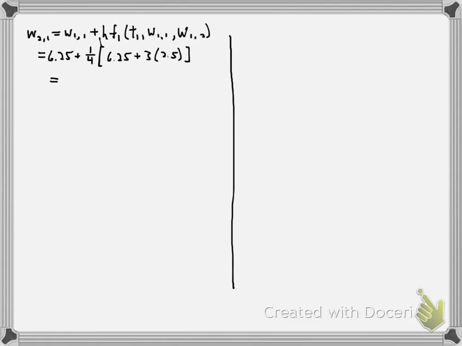So completing this computation, if you do the arithmetic, this turns out to be 9.6875. So this is our approximation of y1 at 0.5.